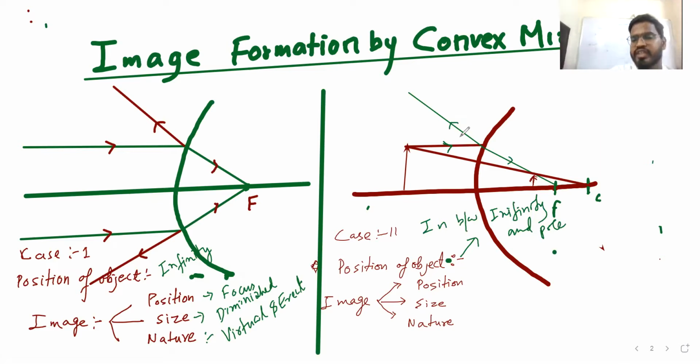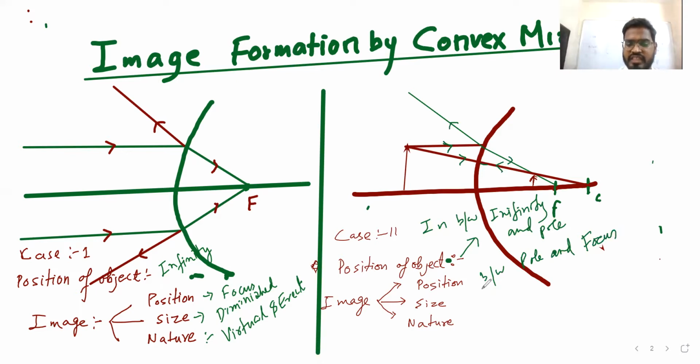A ray of light which is directly incident at the center of curvature will retrace its path. I should draw a dotted line, but I drew it like this, but fine, you guys understand maybe. Position of the image is between pole and focus.